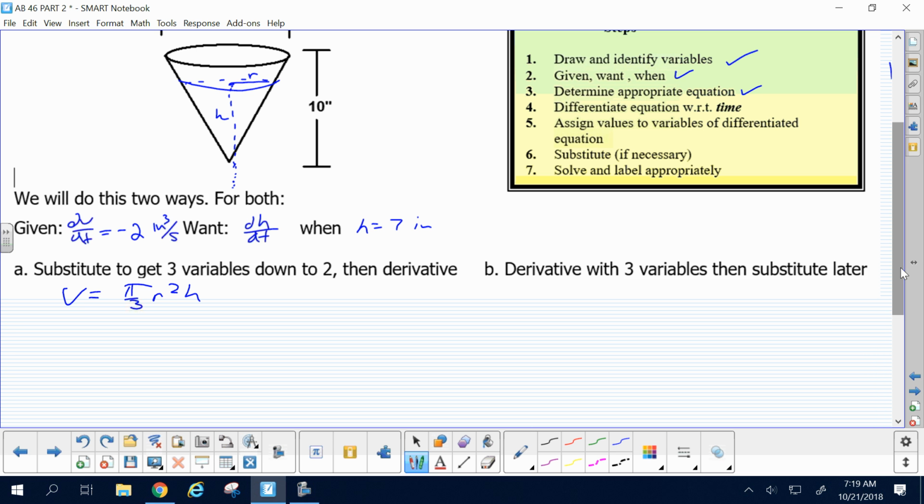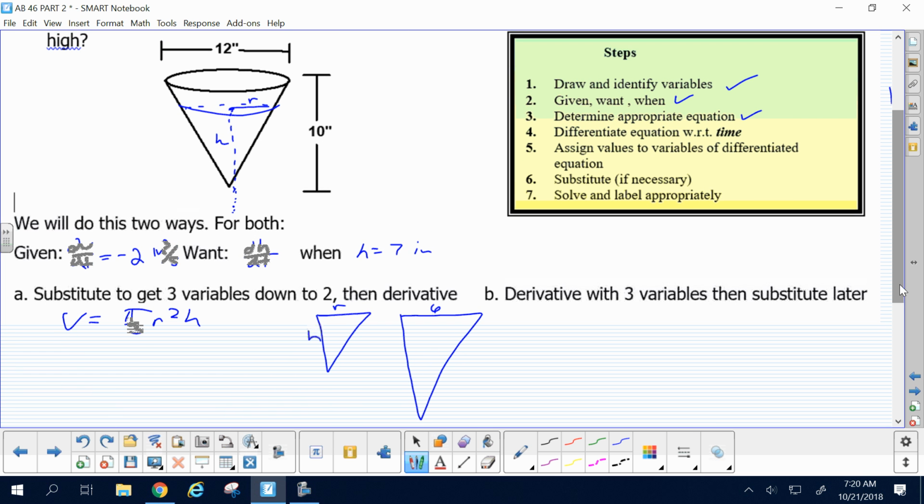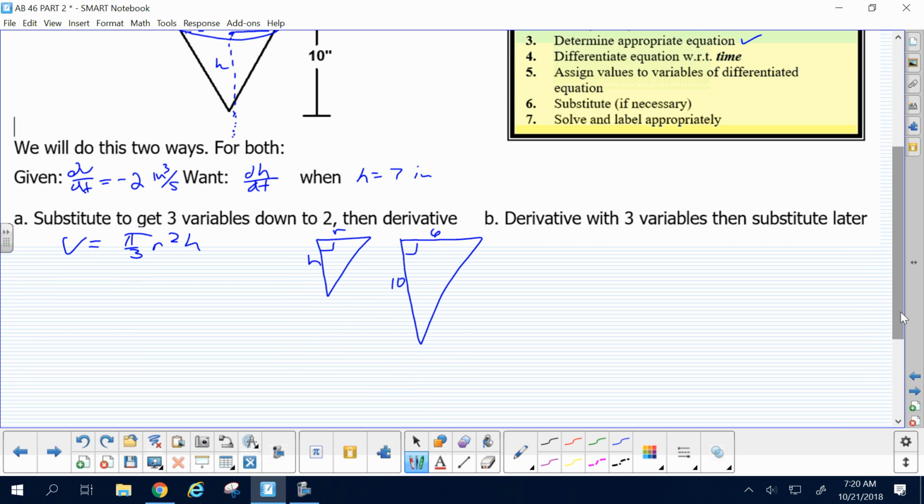Now this one's not, like I said, not obvious, but if you were to slice this and cross-section it, the relationship of the radius to the height of the water would always be the same as the relationship of the radius to the height of the cone itself, because the fluid conforms to the shape of the cone. If I were to then show the dimensions of the cone itself, it would be like a 6 by 10 right triangle. By similar triangles, then I can get another r-h relationship. r is to 6 as h is to 10.